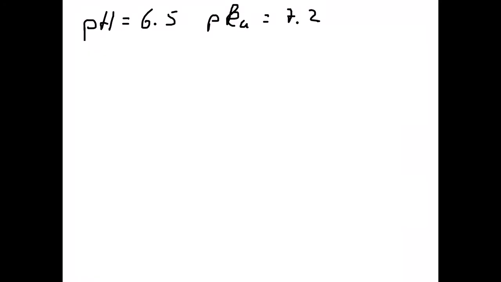Now for the next question, for question C, we are asked about the ratio that we need, and we know we need more acid, so we can easily use the Henderson-Hasselbalch equation, pH equals pKa minus logarithm of acid to base. Now we have to rearrange this equation a little bit.